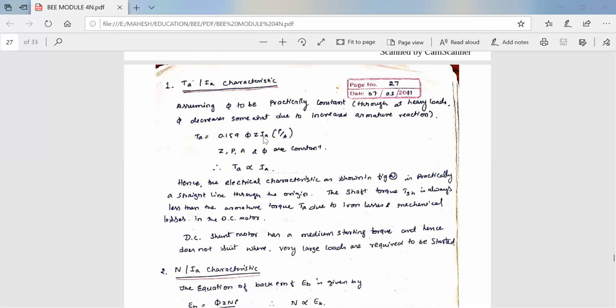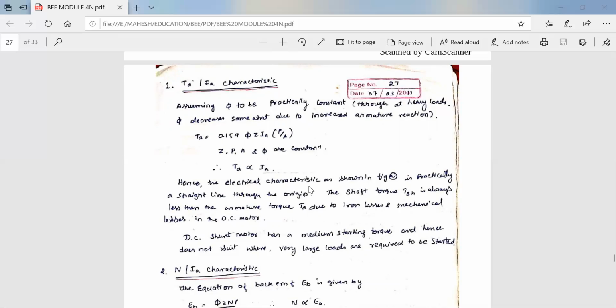So when I consider phi constant, Ta is directly proportional to Ia, whereas the other terms are design parameters and remain constant. In a shunt motor phi remains practically constant, so its variation is very small. That's why Ta is always directly proportional to Ia in a shunt motor.